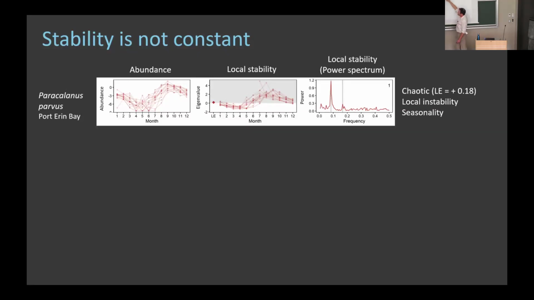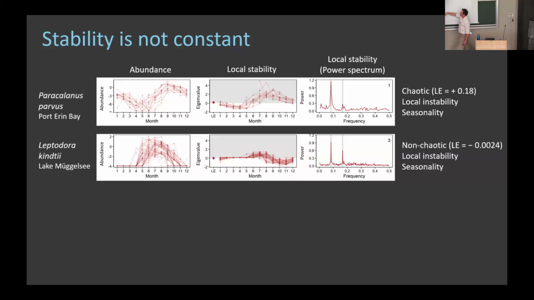In fact, if we take the power spectrum, there's a very clear peak at 1 year, or it would be clear if this axis wasn't in frequency, the period. But that is 1 year, it's 12 months, and then this is 6 months. The secondary peak is 6 months. Overall, this time series classifies as weakly chaotic.